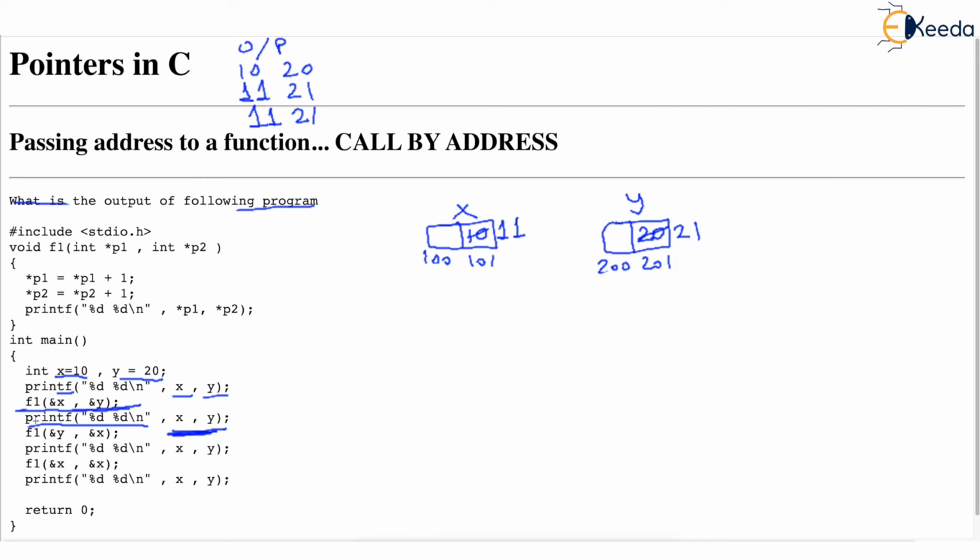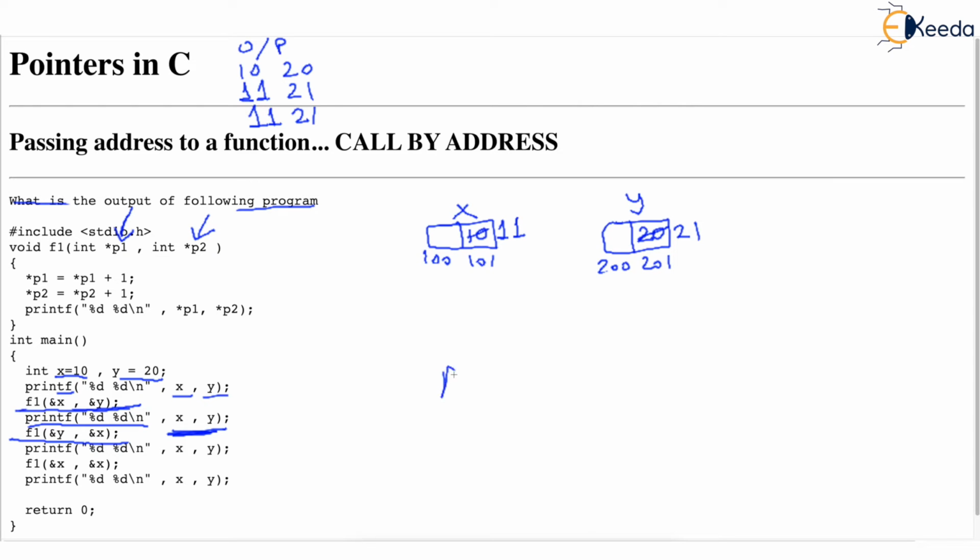Now let's proceed to the next call. See, here is the call. F1 is called by passing address of y followed by address of x. So what is happening is we are first passing address of y. So obviously address of y will go in the first parameter p1, which is a pointer, and address of x will go in the second parameter p2, which is also a pointer.